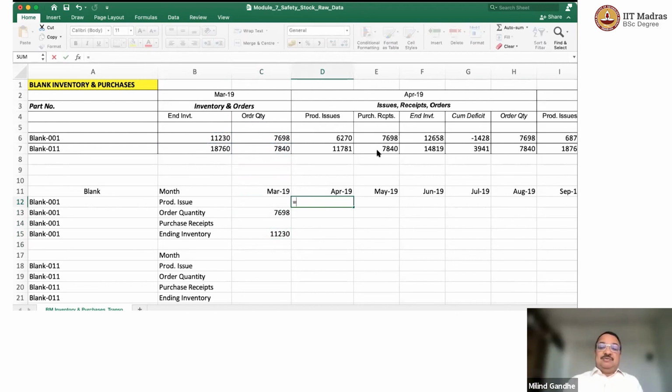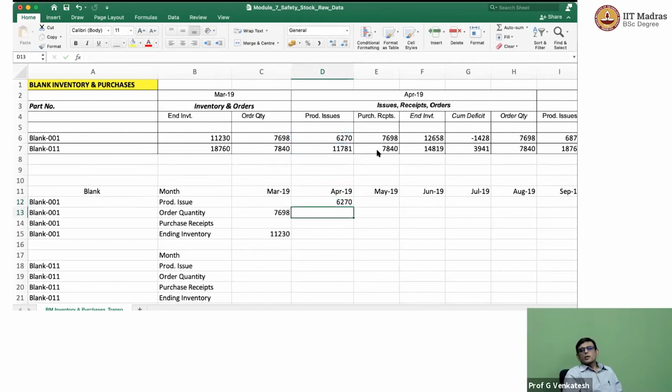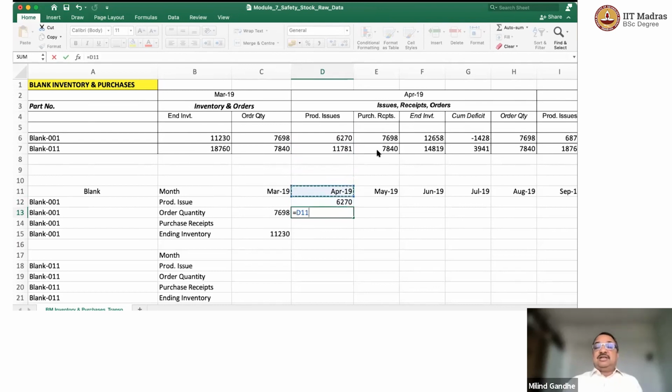So for April, we can say production issue is equal to D6. Purchase order quantity is equal to H6. Purchase receipts is equal to E6.